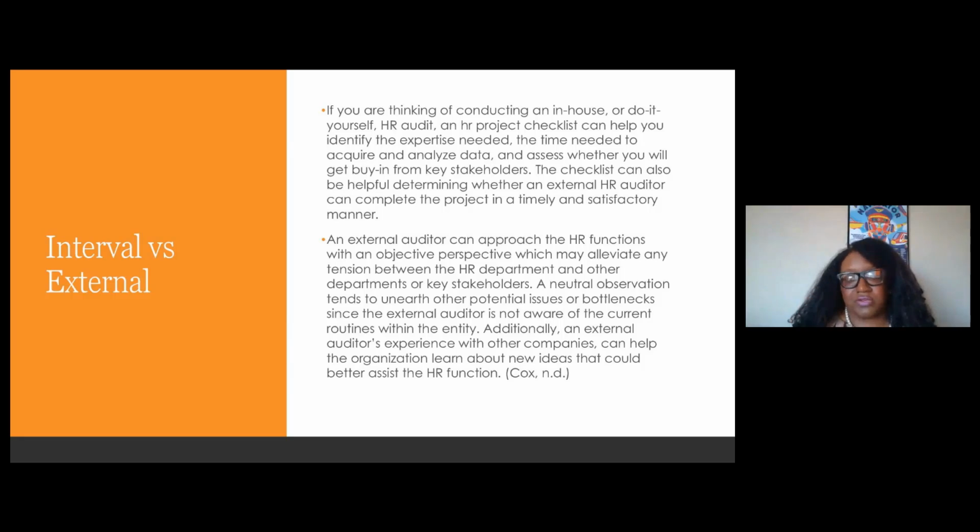An external auditor can approach the HR functions with an objective perspective, which may alleviate any tension between the HR department and other departments or key stakeholders. They're neutral. When you say the word audit, everybody's like, oh, and for good reason. We mostly think about auditing as somebody scouring over the things we did wrong, looking for holes, looking for things that are missing, looking for fault.